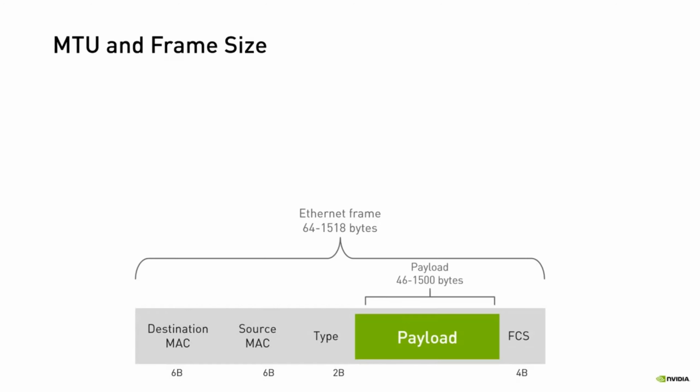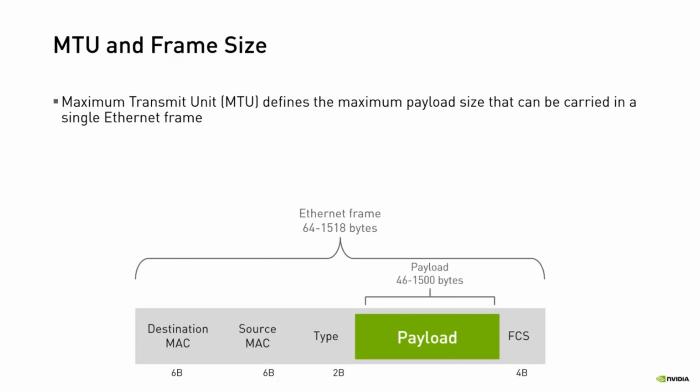We've just seen the structure of a standard Ethernet frame, which is composed of a payload encapsulated with a layer 2 header and trailer. In addition, the standard also defines that the payload size is in the range of 46 to 1500 bytes. The maximum payload size is also referred to as the maximum transmit unit, or MTU. Frames with more than 1500 bytes payload are considered jumbo frames.